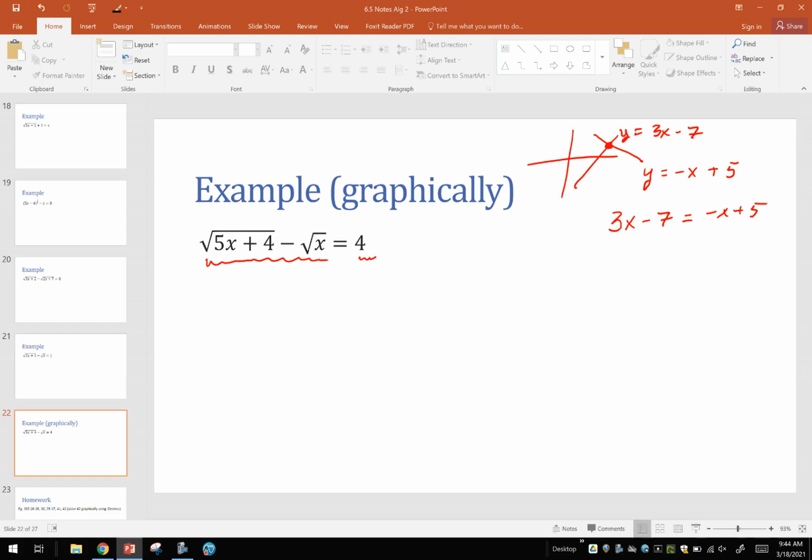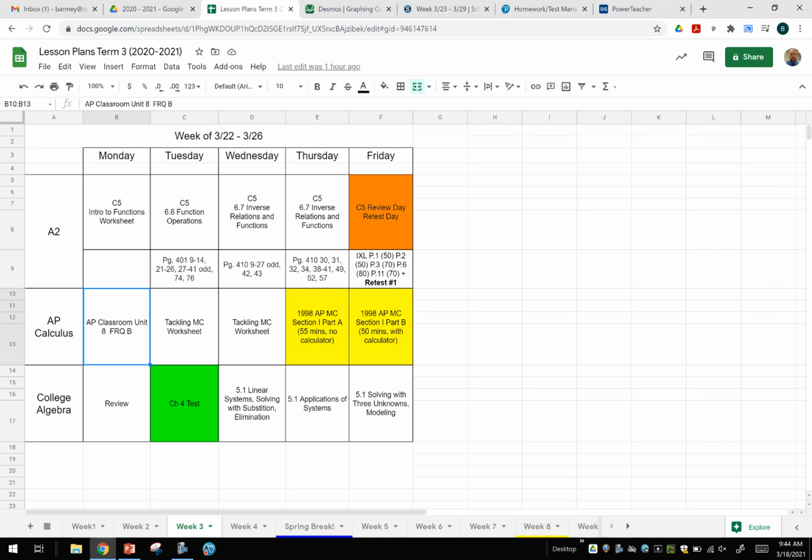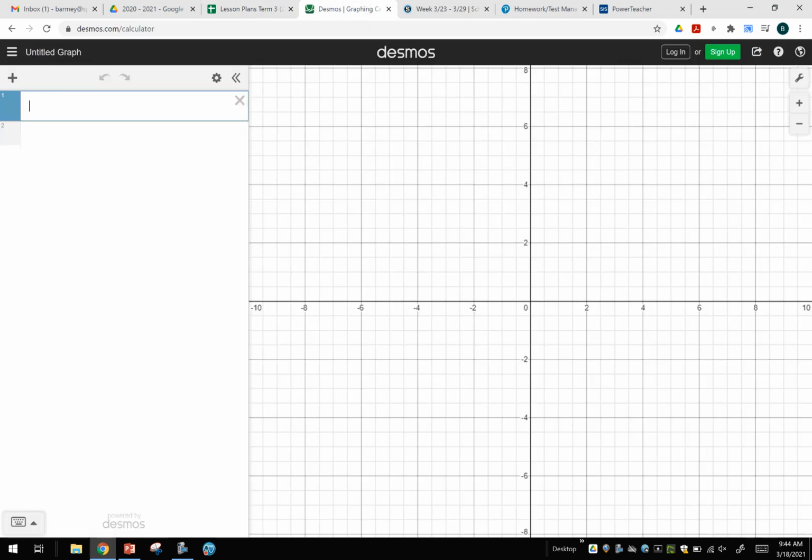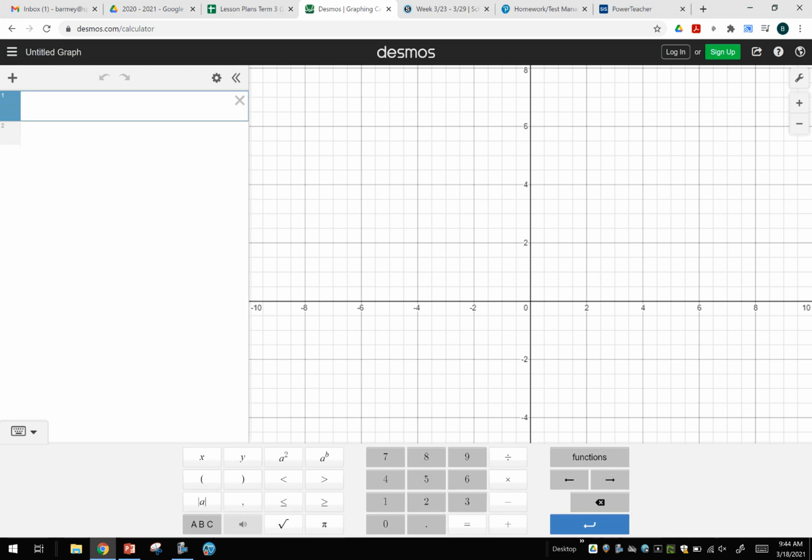All right, so if you go into Desmos, you can just watch me do it, so let's do it real quick. If I wanted to graph this, the first one was square root of 5x plus 4, and then minus square root of x.